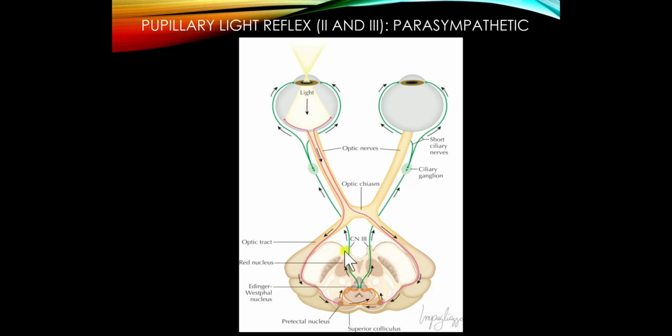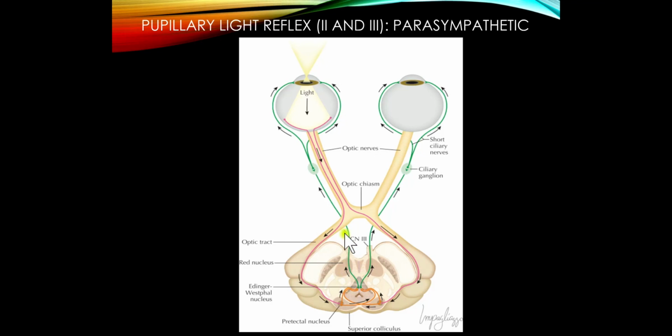Okay, so there's really a double crossing of light here at the optic chiasm, here in the posterior commissure. And so the light in one eye, because of the double crossing, will equally stimulate both Edinger-Westphal nuclei. And the Edinger-Westphal nuclei, this is an important nucleus to remember by name. This is a parasympathetic nucleus that contributes parasympathetic nerve fibers to the oculomotor nerve, the third nerve.